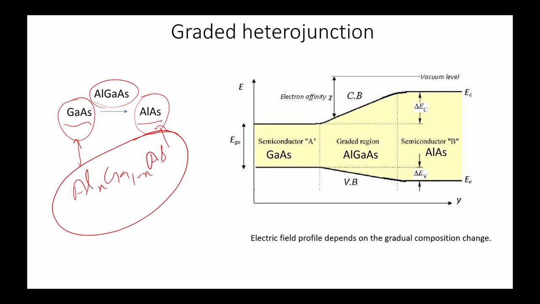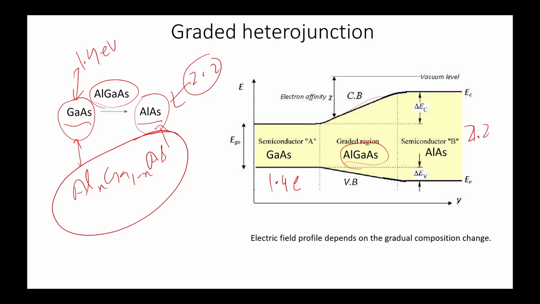Gallium arsenide has a band gap of 1.4 electron volt, and aluminium arsenide has 2.2 electron volts. So this aluminium gallium arsenide will have a band gap in between these two.